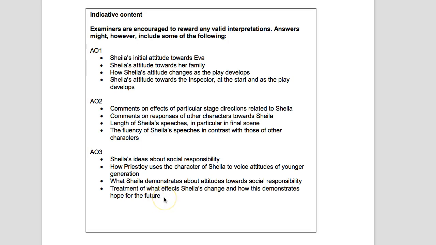There that is again. So very strong clues that you must write about social responsibility, whatever the question. The examiners seem obsessed with the idea of the younger generation because they're the generation who are receptive to the inspector's words. So that's always going to come up. And as is this idea of dealing with the ending and the future.